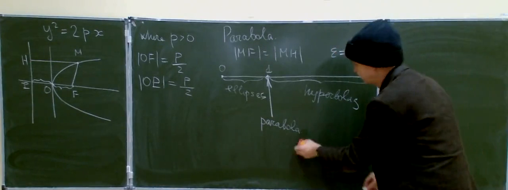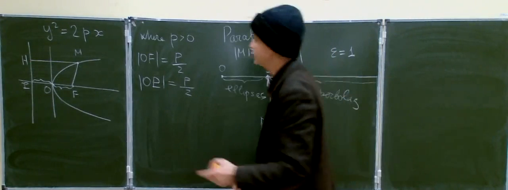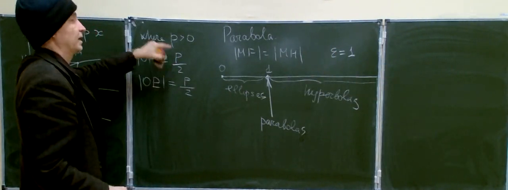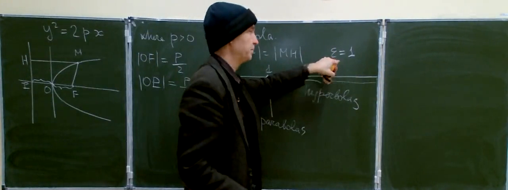So here we also should write parabolas, since there are various sorts of parabolas which depend on parameter p, and all of them have the eccentricity which is equal to 1.